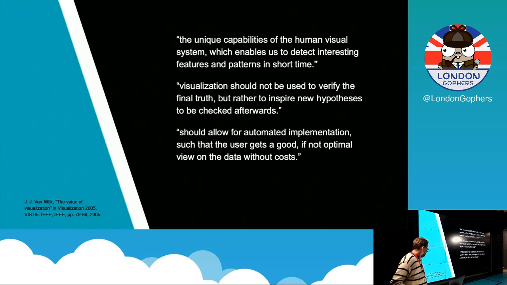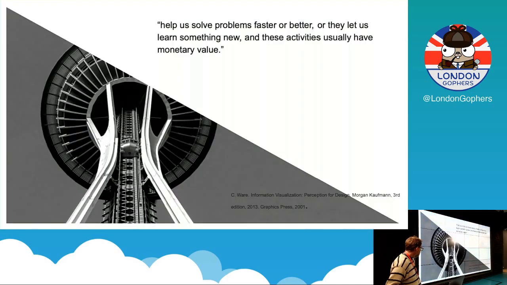And in terms of where we are today in the modern world, if we can automate ways of visualizing data so it shows us something we haven't thought about before, then that's good for the individual, good for the world, good for society. So that's what Van Wyk had to say.